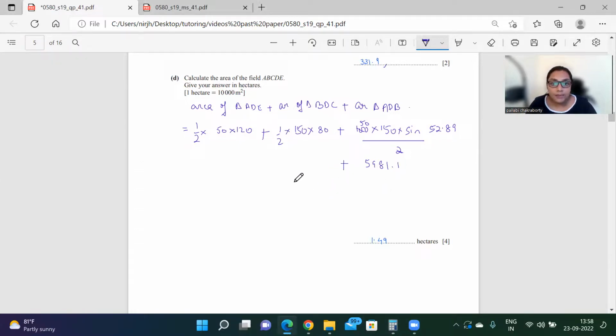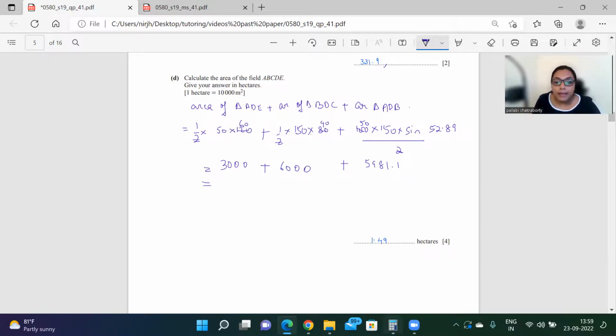Plus, this becomes what? So again, I can just cancel these. So it becomes a little simpler for me. And this becomes 60. So I know 5 into 6 is 30. So this will be 3000, plus 150 into 40, 15 times 4 is 60. So again, 2 zeros over there, 0, 0, plus 5981. This becomes my total area.